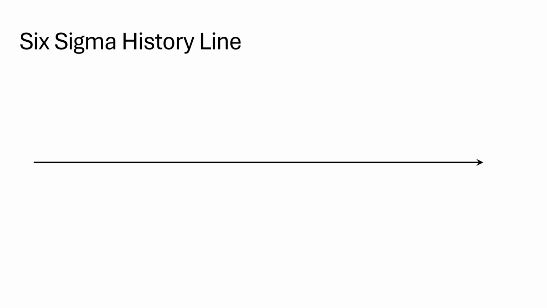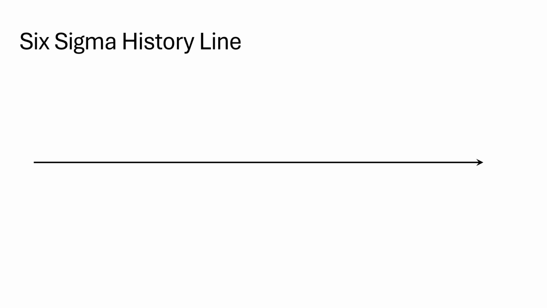Let's look a little bit at the Six Sigma history line. Six Sigma is not actually a recent trend. In the 1980s, Motorola Incorporated, based in Illinois, and Robert W. Galvin, then the chief executive officer, pioneered the concept of Six Sigma, hoping to improve the quality of their pagers and cellular telephones.